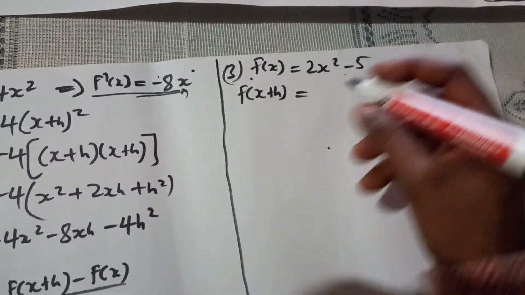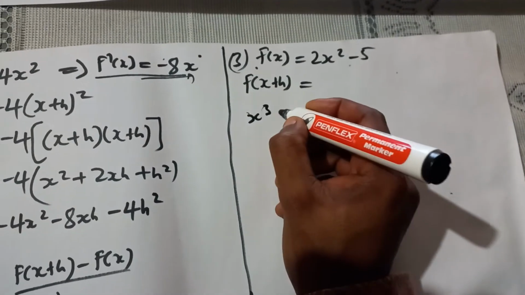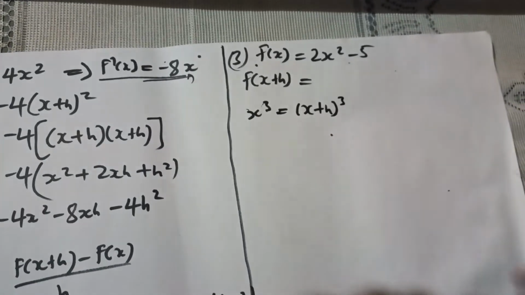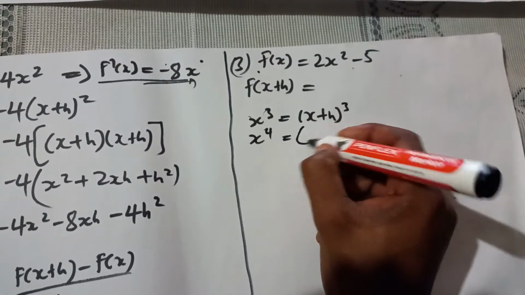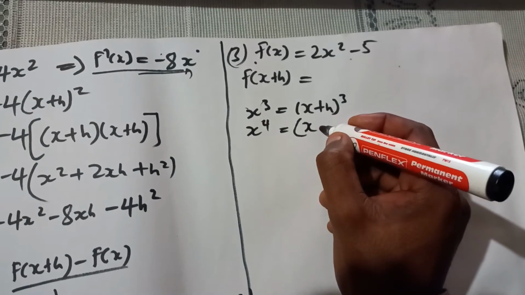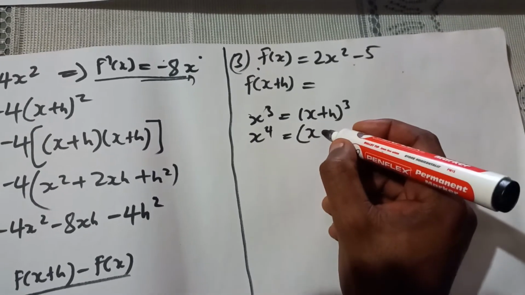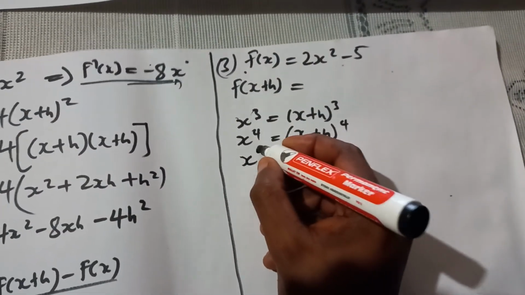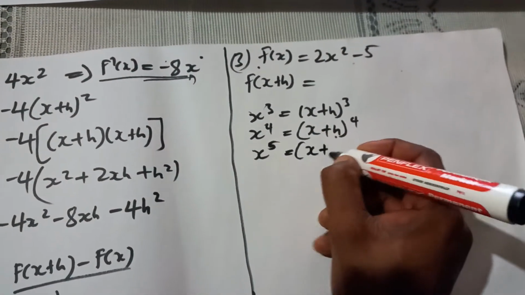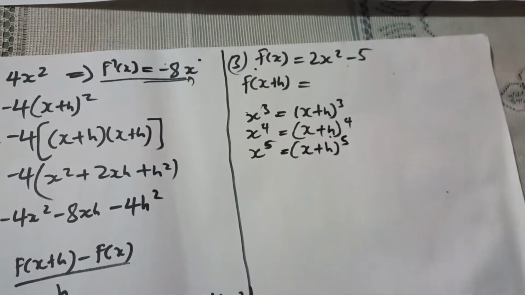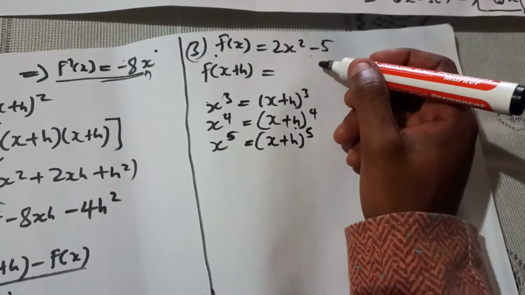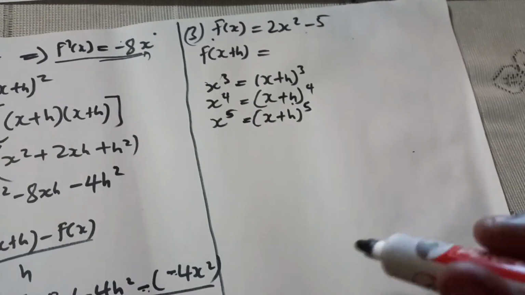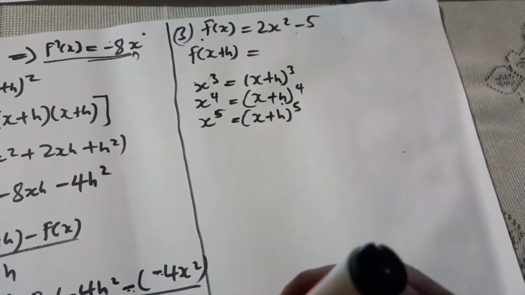So if it happened that our x is cubed, that means our x plus h will be cubed. That's how it corresponds. So basically, when we talk about f of x plus h, where we see x, we put x plus h.